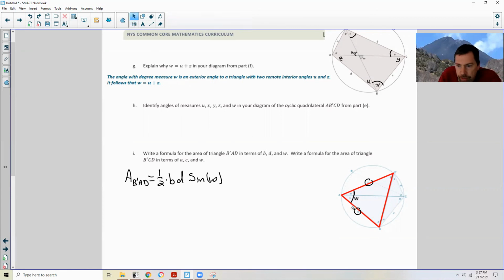Okay, so now that's this triangle here. This triangle, B prime CD.